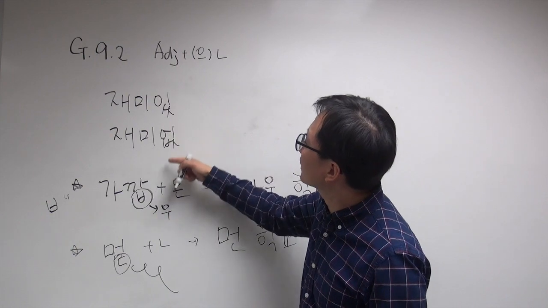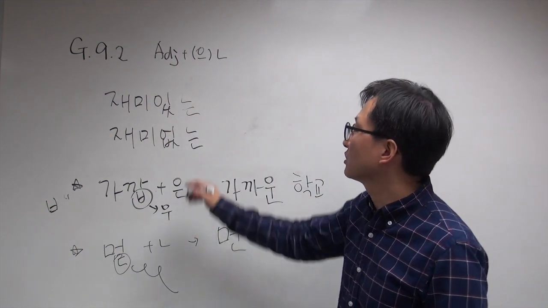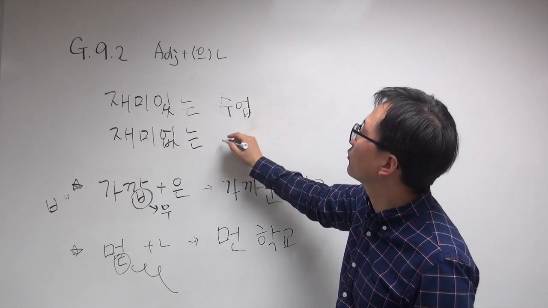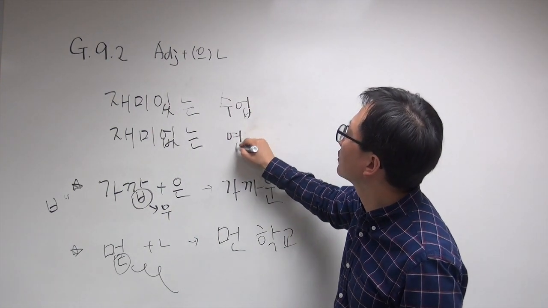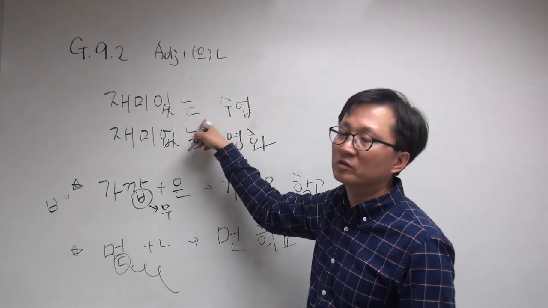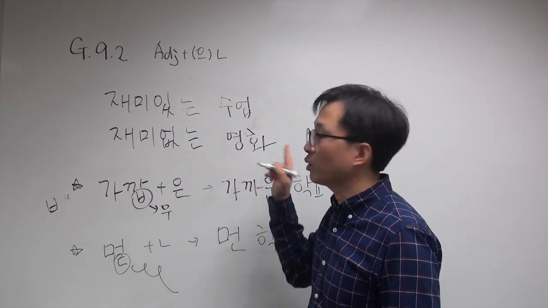In the case of 있다, 없다, we need 는 instead of 은. So 재미있는 수업, 재미없는 영화. 재미있는 interesting or fun 수업, class. 재미없는 not interesting or boring 영화, movie.